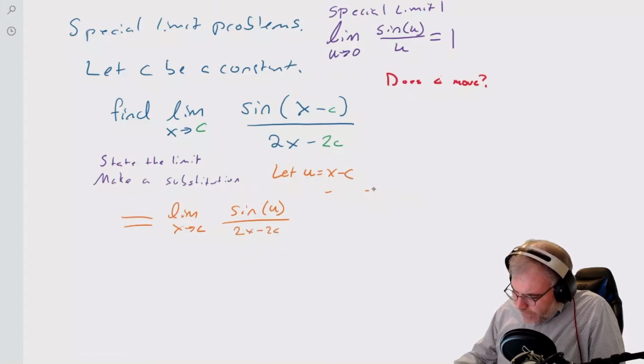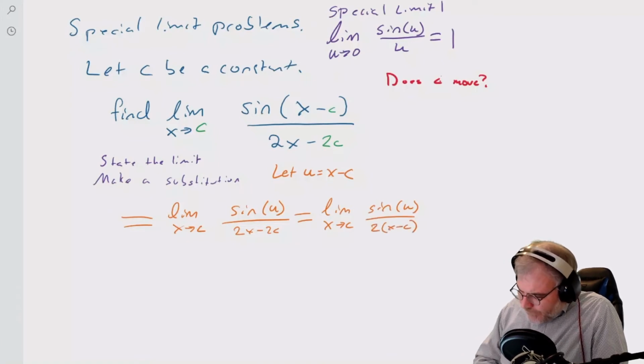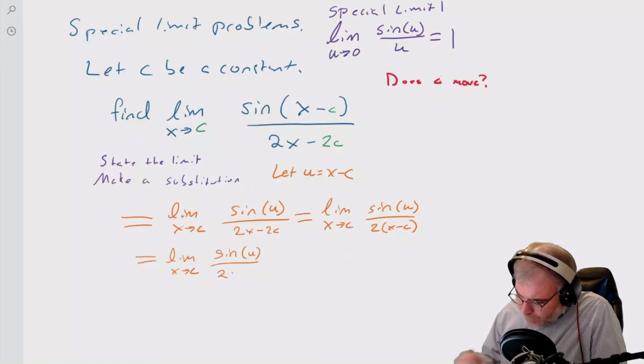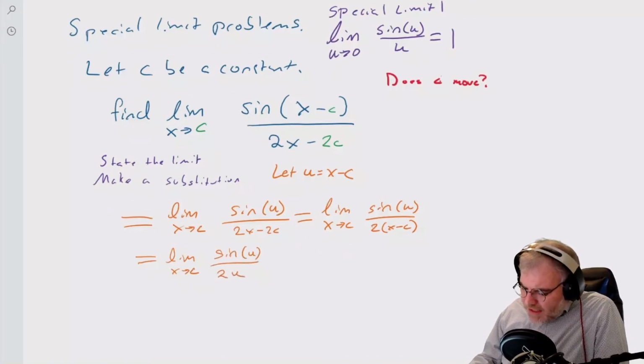So let's factor the 2. Out it comes. And then what have I got left? Now this is u. Let's substitute it. And by the constant multiple rule, that 2 can just come out.